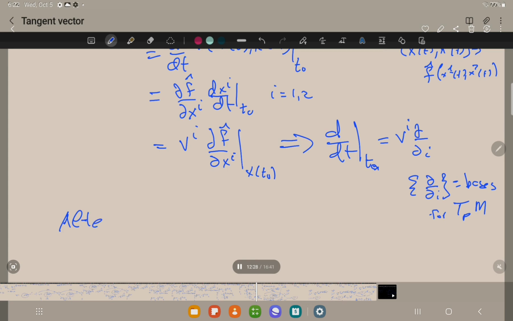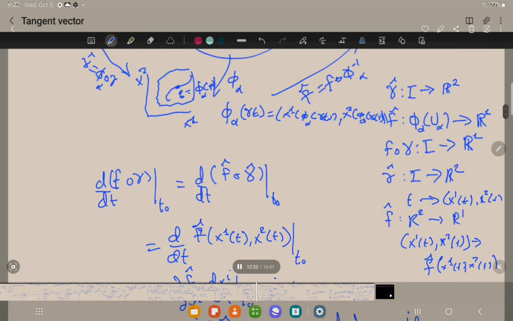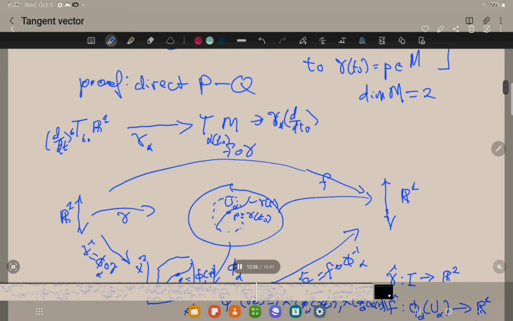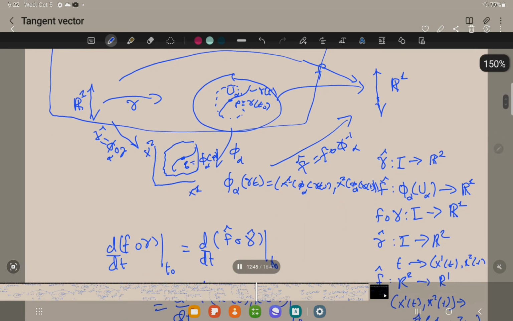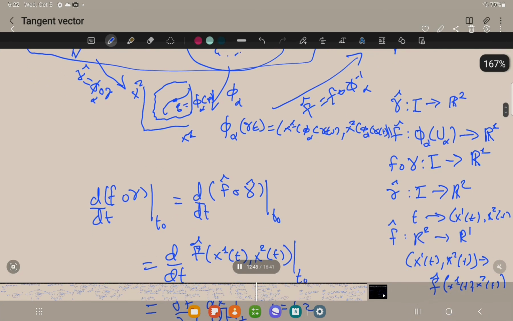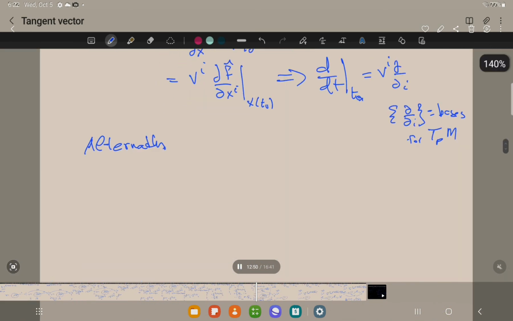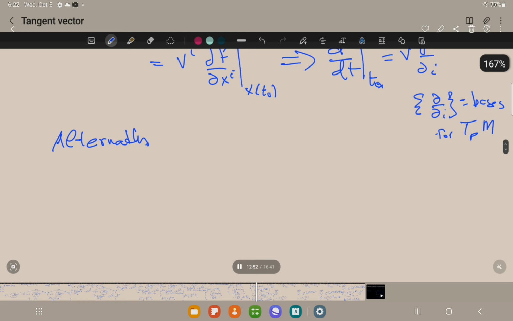Alternatively, we could do it the other way. We saw that the curve gamma, the mapping of the curve onto M, induces a push forward map, or tangent map, or Jacobian map, from TR1 to, in this case, TR2.